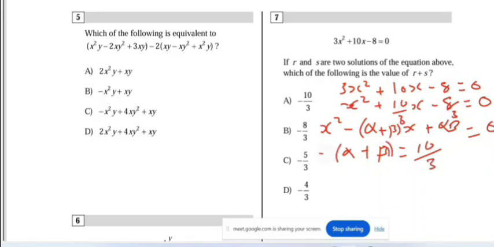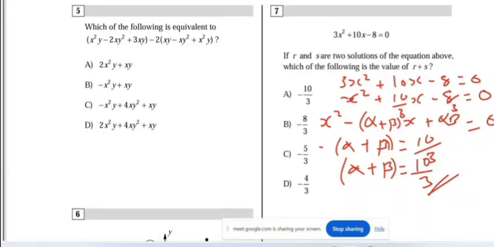Or let me say minus (alpha plus beta) is 10 over 3, then alpha plus beta is equal to minus 10 over 3. So you need to understand this.